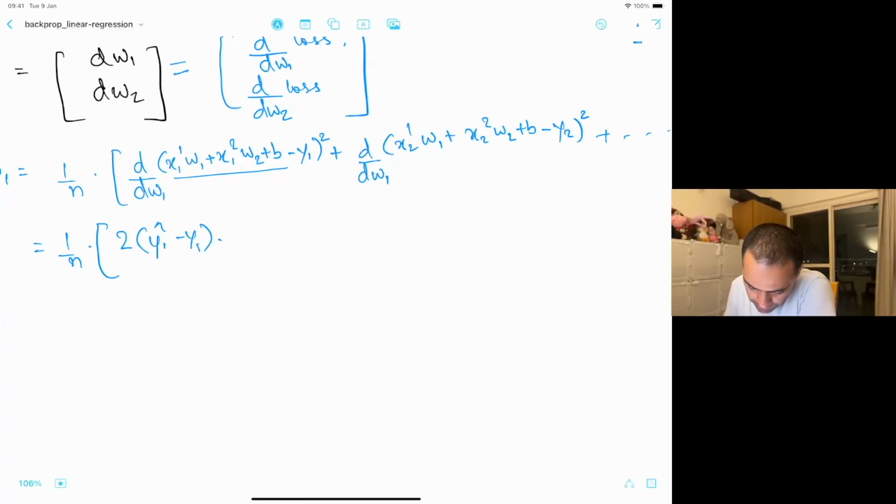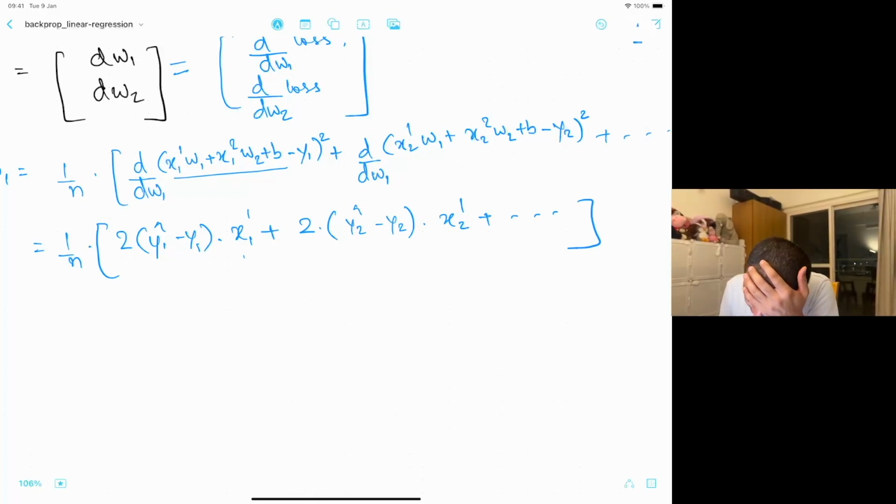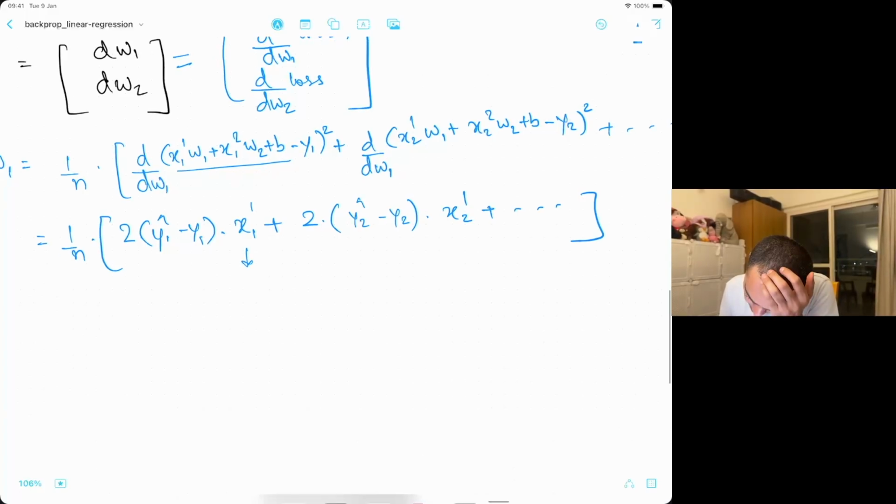So it would be just left with x11 plus 2 times y2 hat minus y2 times x21, and so on. So this is basically sample first, feature first.